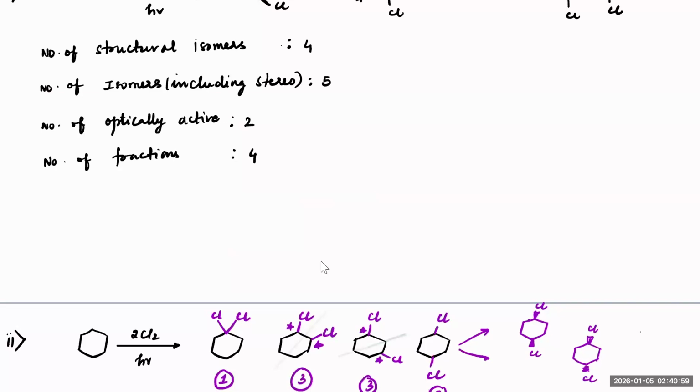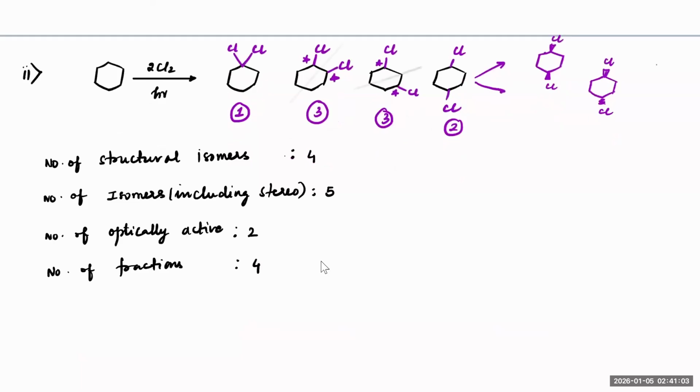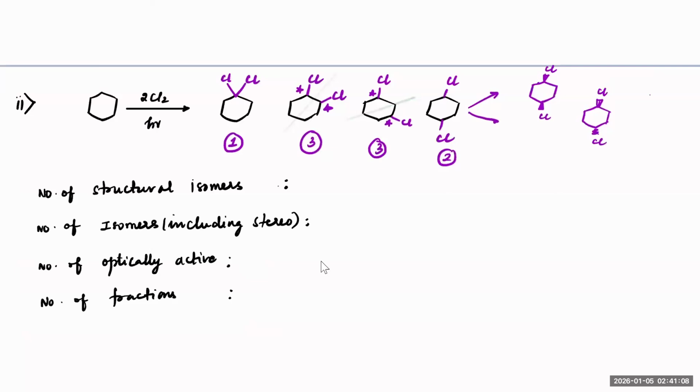Now let's see what these parameters say. How many structural isomers did we find? 4 of them. You can see 1, 2, 3, 4. How many isomers including stereo do we have? Total number of isomers is 3 plus 3, 6, 6 plus 2, 8 plus 1, 9.